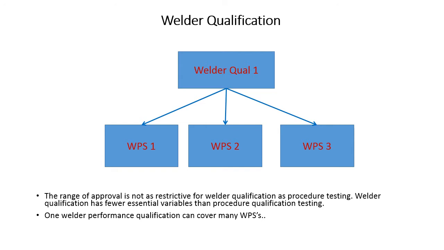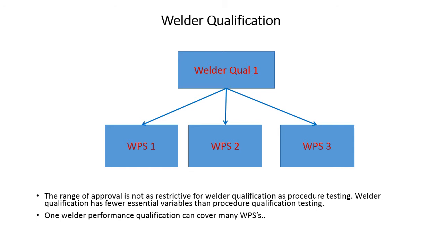If I have WPS number 1, which is a WPS using gas tungsten arc welding with, let's call it carbon steel and 95% argon, 5% helium.